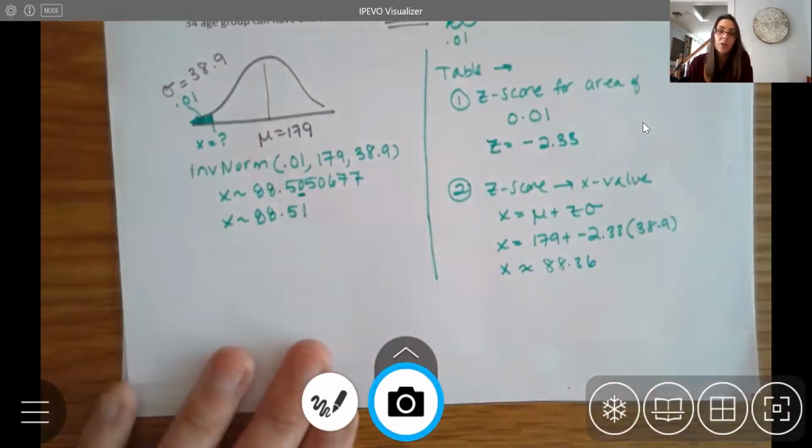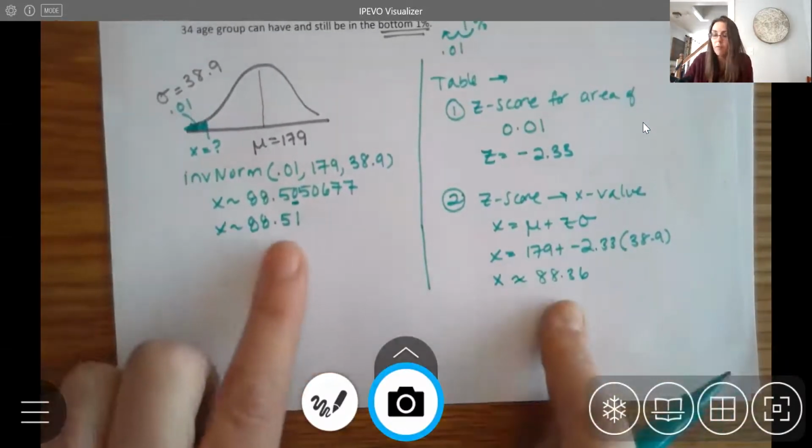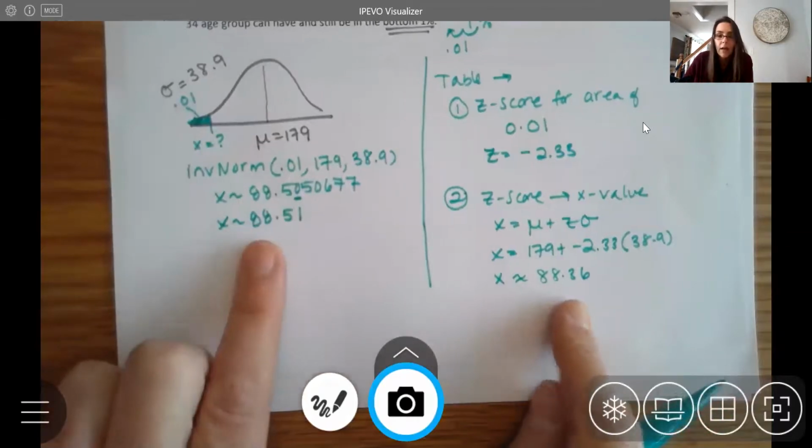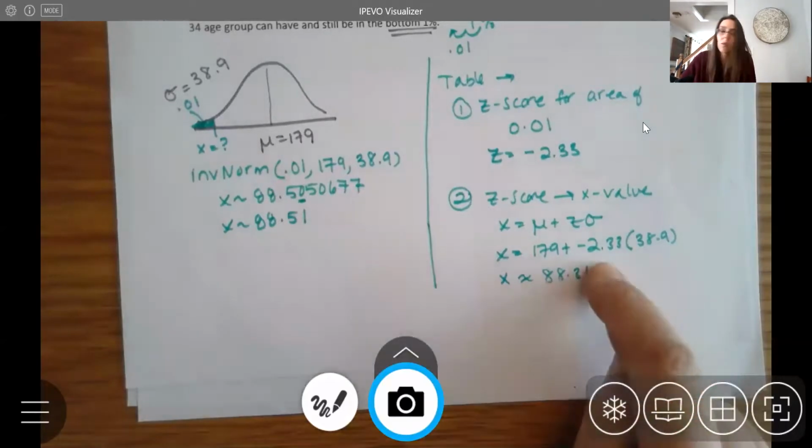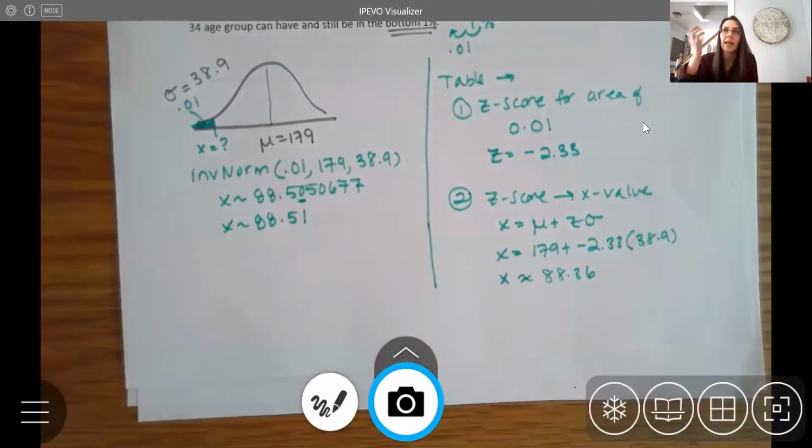Now, this is also correct. I know it's a little bit off from your original answer, and it's because of rounding error. When we picked that z-score of negative 2.33, it actually wasn't 0.01, it was 0.0099. So you're a little off, but it's still correct. Usually MyMathLab gives you a little bit of wiggle room, so it should be fine. But if you're having issues, let me know.